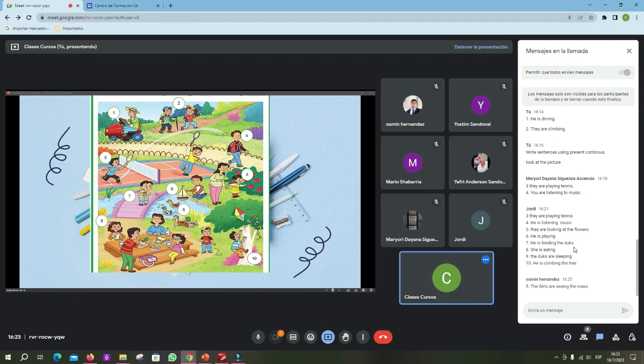That's good. Number 8, she's eating. Or you can say they are eating, maybe. But the other ones, no, right? So she's eating. That's good. She's eating. That's amazing. Also, number 9, the ducks are sleeping.